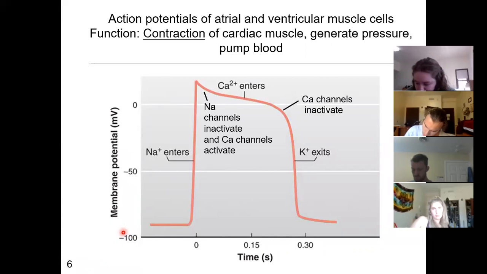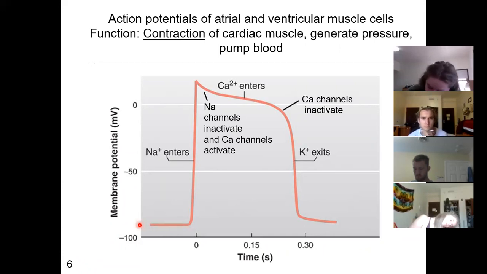This is easy compared to what you just covered. The resting membrane potential of the atrial and ventricular muscle cells is very negative. Why? Because they have a lot of resting potassium channels.